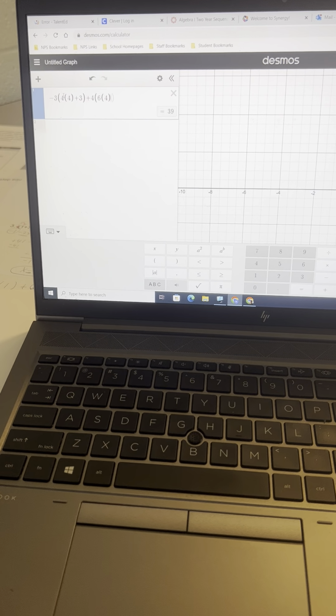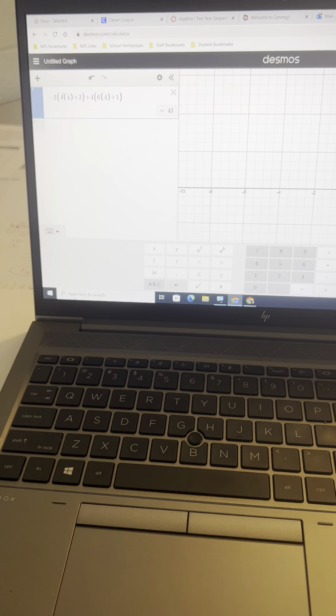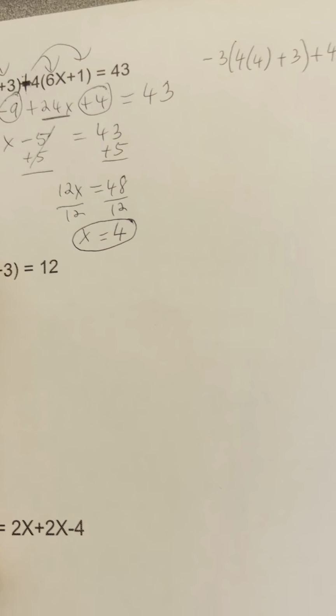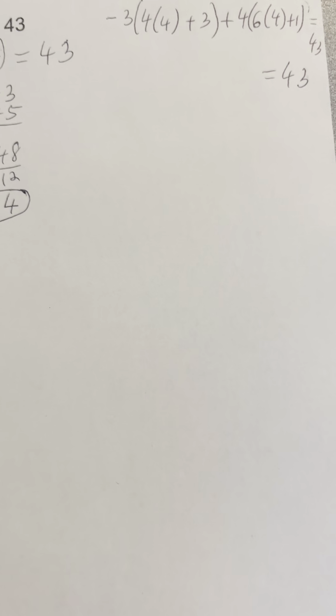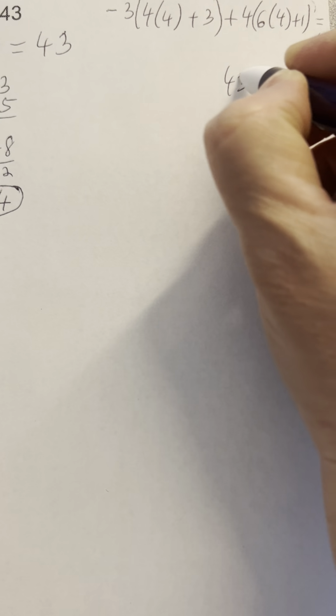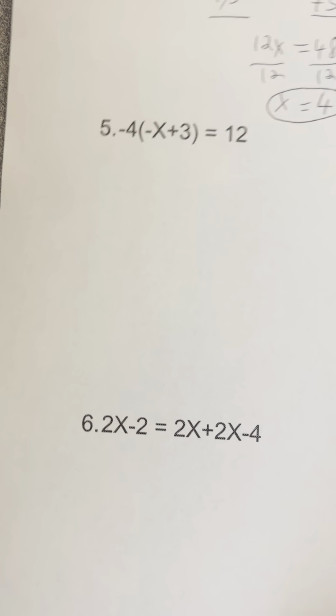And then plus 1. And usually I close my parentheses, but I guess I didn't have to. 43, look at that. So number 4 is correct, yay. All right, 43 equals 43. You did it correctly. Now let's move on to number 5.